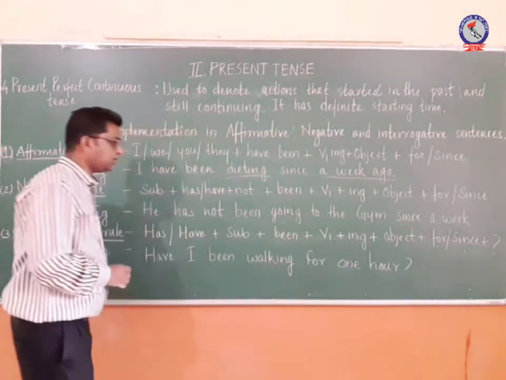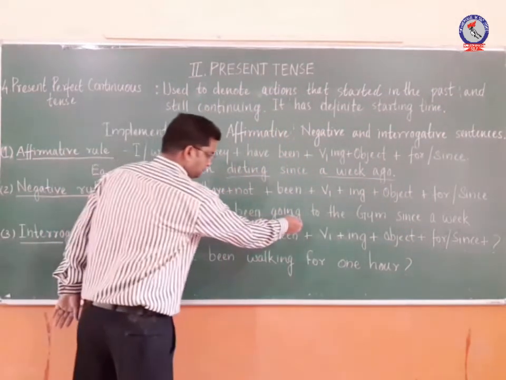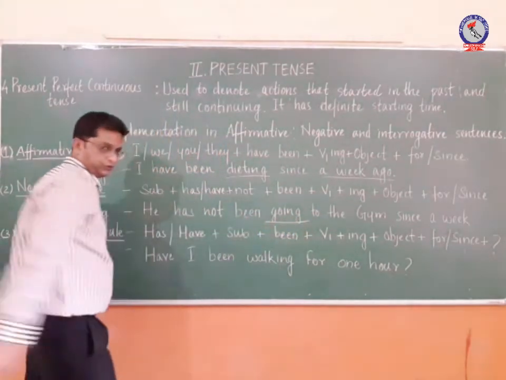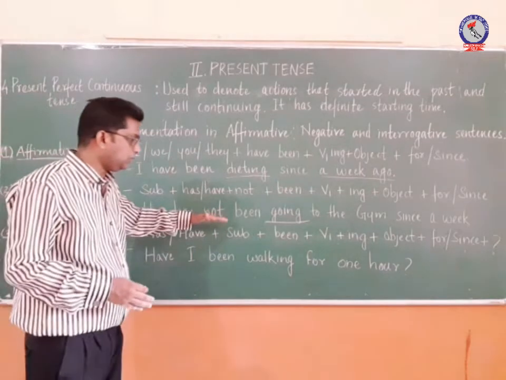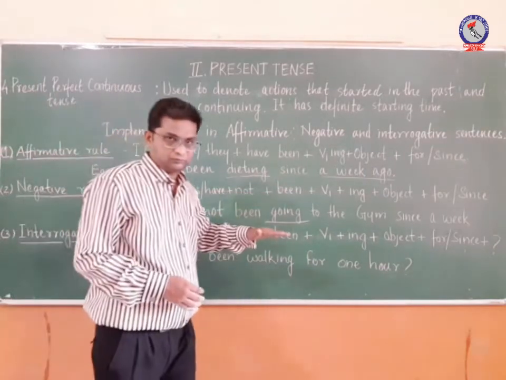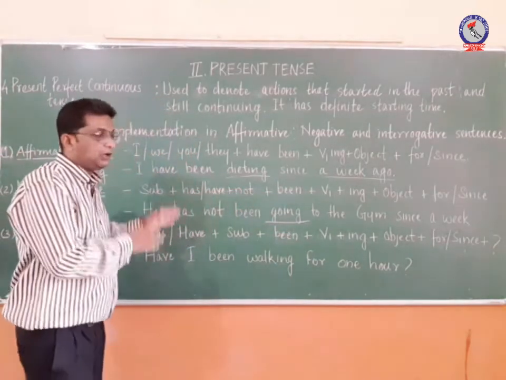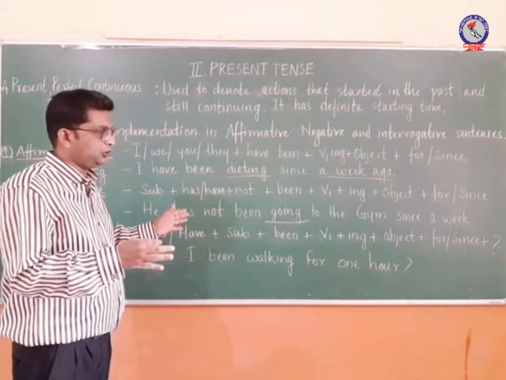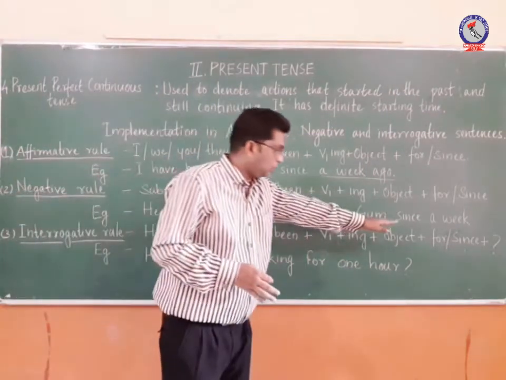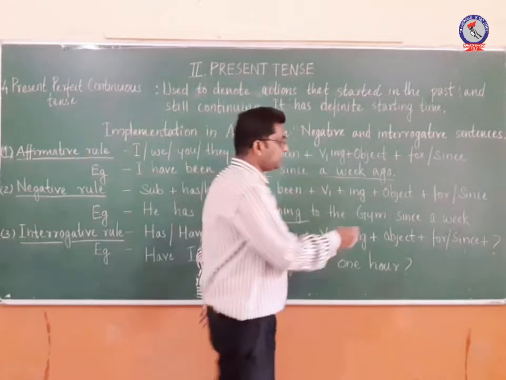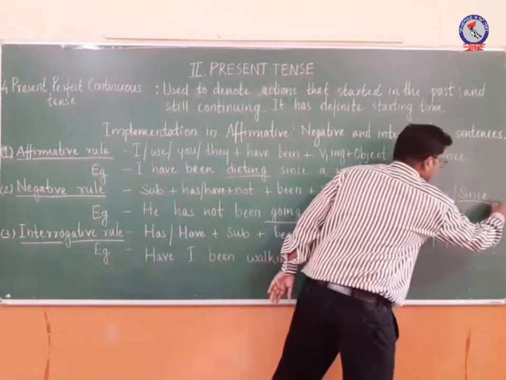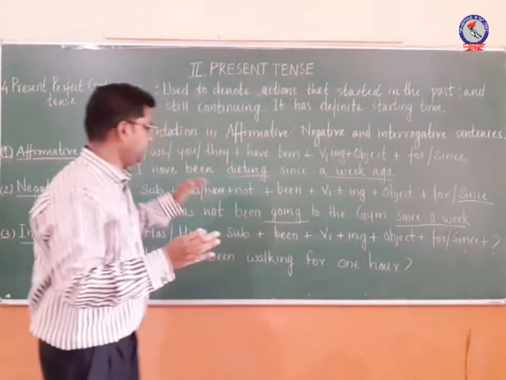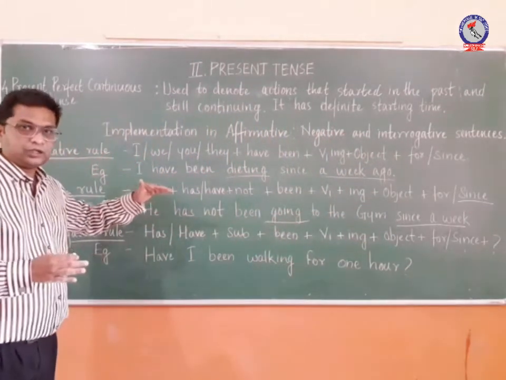The action is continuous. The action is negative, but it is still continuing. Since when? A week. So time is represented by using since. Since a week, he is not going to the gym.